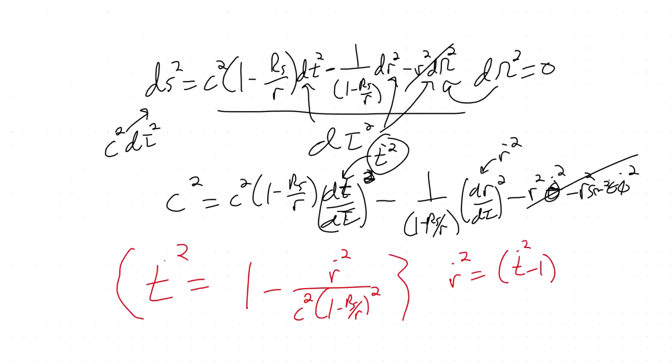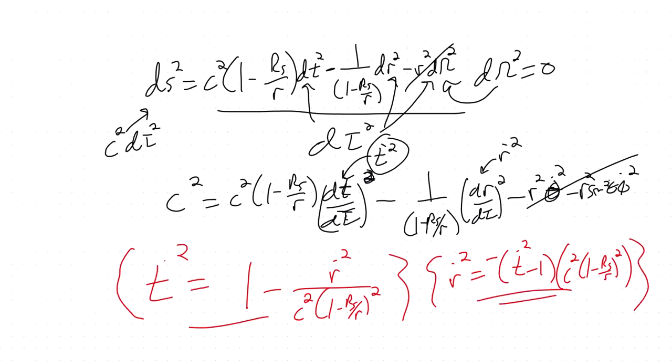T dot squared minus 1 times c squared (1 minus rs over r) squared. So I'm just going to subtract that over, and there's a negative sign there. And I could switch that around. Cool. So we have these two relationships between t dot and r dot, just from the metric.